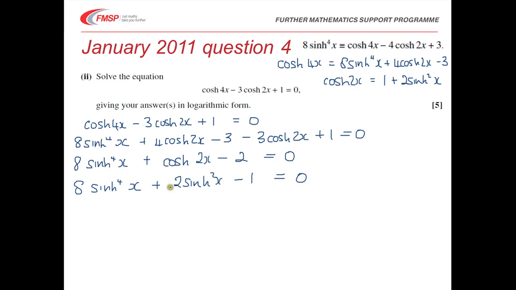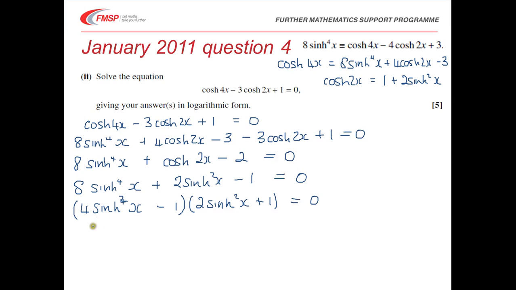Now again, at this stage, one would hope that it will factorise. And luckily this one does, so it'll be 4 sinh squared x minus 1 upon 2 sinh squared x plus 1. Just check your factors there. We're okay.